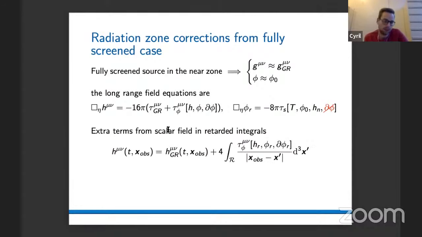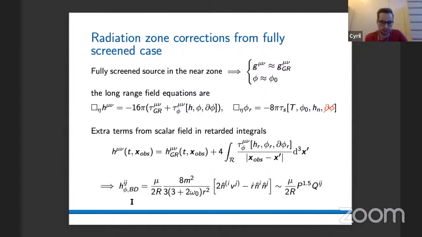And then we can take the retarded integral of this in the radiation zone as well. So we recover general relativity as always from this effective stress energy tensor. But this time we need to integrate the second one, where we plug in the gravitational field in the radiation zone, the same as general relativity, and what we found for this radiation zone scalar field.